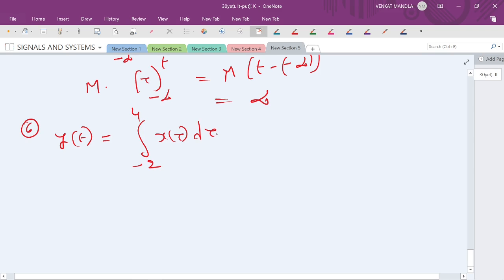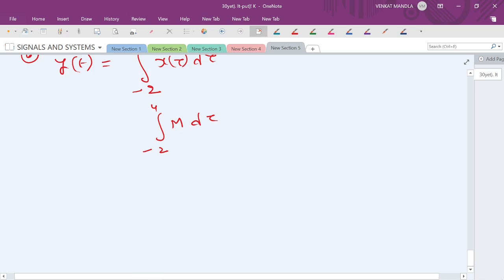Now if I put x tau as some m, a finite value, whatever the value, it is m. Let us say m is constant, it is not a function of t. Then from minus 2 to 4, what do you get? d tau. And you get 4 minus of minus 2, you'll get 6.